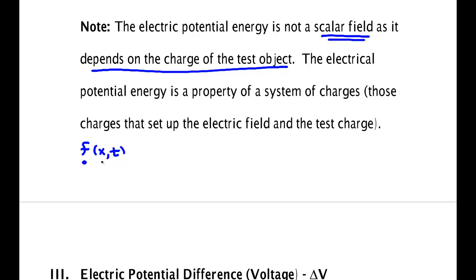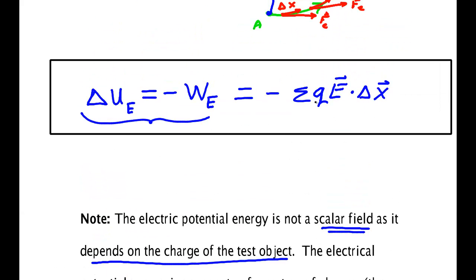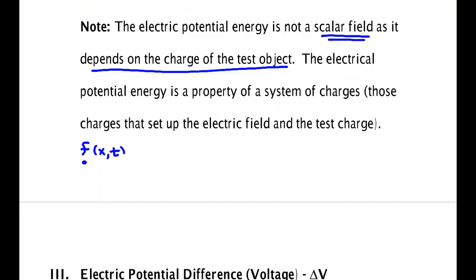So for a given place here, let's say right there where that blue dot is, it should have a single value. And for a scalar field, that should be a scalar value. But our equation right here says it depends on the charge. So if you change the charge, you change the potential energy. Well, this is because the potential energy doesn't belong to the charge. It belongs to the charge and the field, which was set up by other charges.